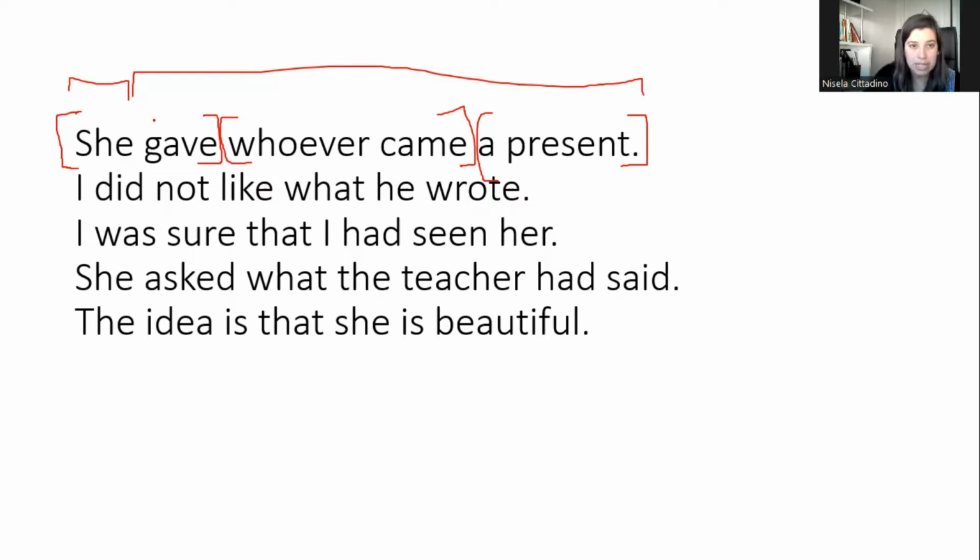We need to find the clause in the middle. This is the nominal relative clause, whoever came. So whoever in this case is going to be the subject inside the clause, and came is going to be the predicate. So this is like subordinated sentences. We have a subject and a predicate inside the sentence. Here, I did not like. We have here one clause, and then what he wrote is another one.